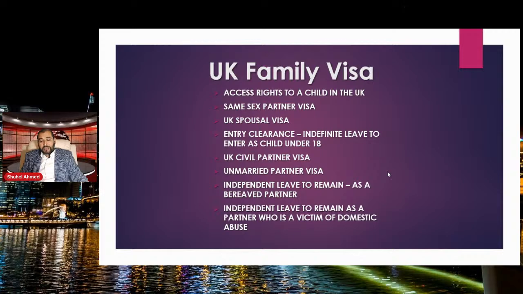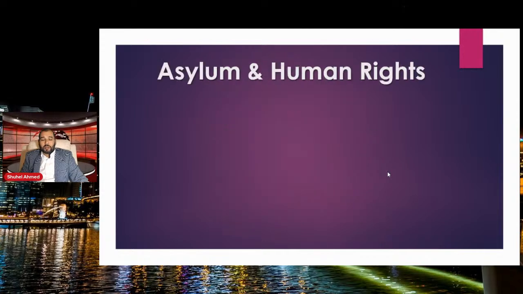And then a victim of domestic violence as well: if someone is on a spouse visa in the UK and their partner is British or settled in the UK, and he or she becomes a victim of domestic violence, he or she can apply for indefinite leave to remain as a victim of domestic violence.